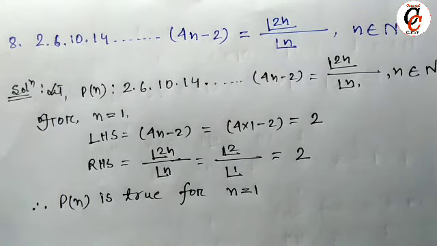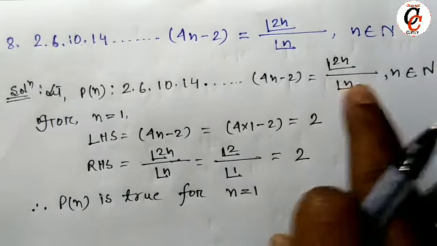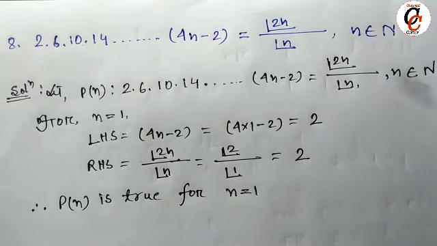So whenever it is true for n equal to 1, at that moment we have to assume that the statement is true for n equal to k. That means for any natural number, it will be true for n equal to 2, n equal to 3, n equal to 4, etc. So we don't have to prove for all the numbers.